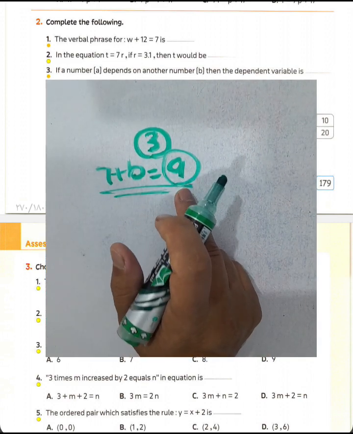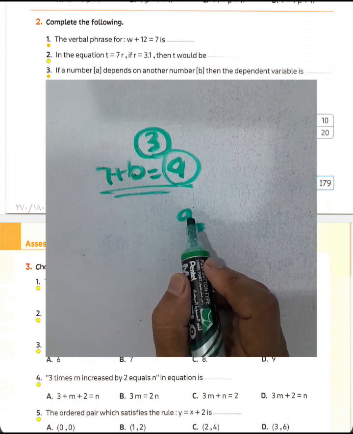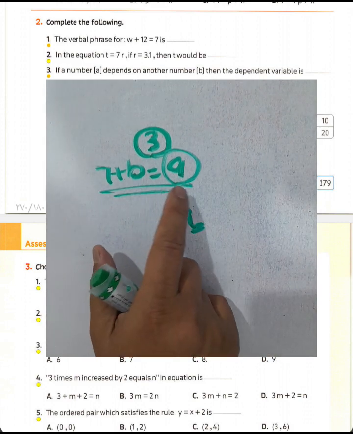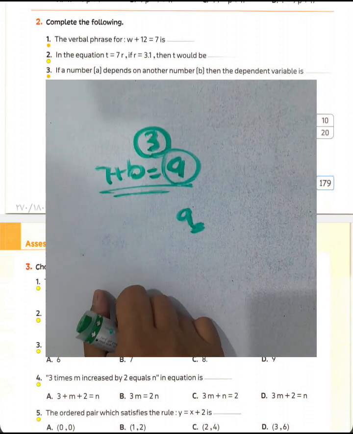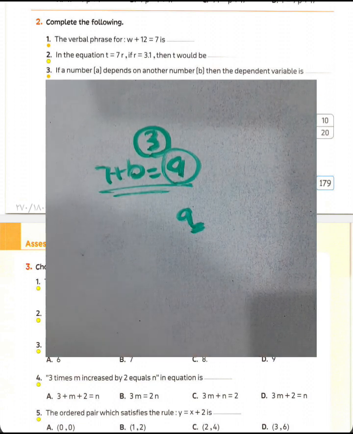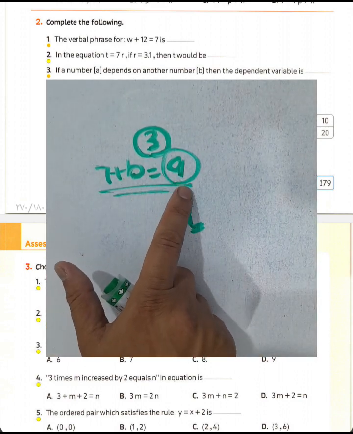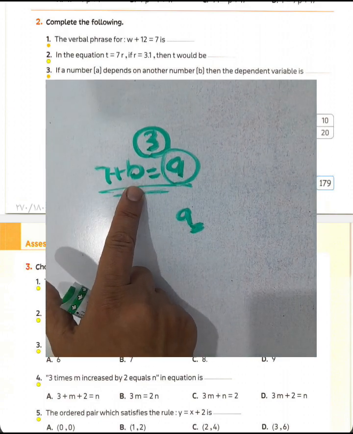Then the dependent variable here will be A. Again, if a number A depends on another number B, such that A equals 7 plus B, then the dependent variable will be A. A is dependent on another number B, so we call A the dependent and B the independent.